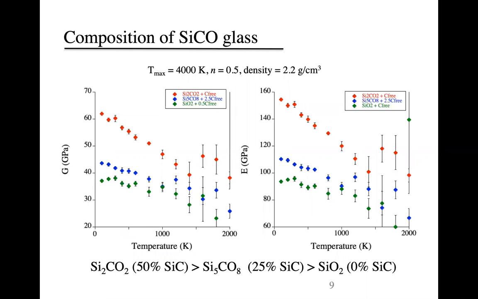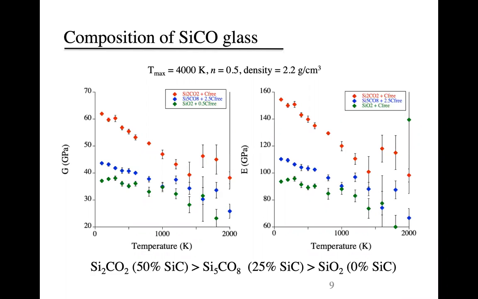When we look at the impact of the composition of the SiCO glass on elastic properties, we look at shear modulus and Young's modulus versus simulation temperature. Essentially, we find that both shear modulus and Young's modulus decrease with increasing simulation temperature.